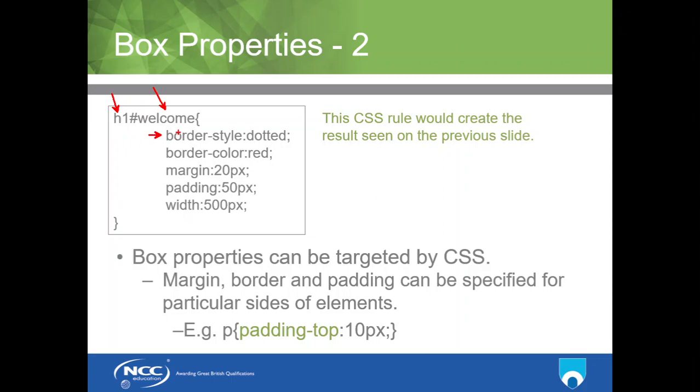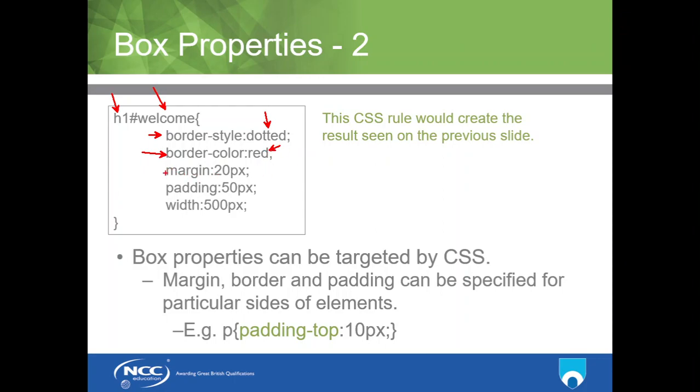This box property, border style, can have the value dotted, meaning that we want it to have a border, and the border should not be solid. Solid is a continuous border, so it has a line that is continuous. Dotted means exactly that. The line has been broken, like you saw in the previous paragraph. Then we want the border color to be red.